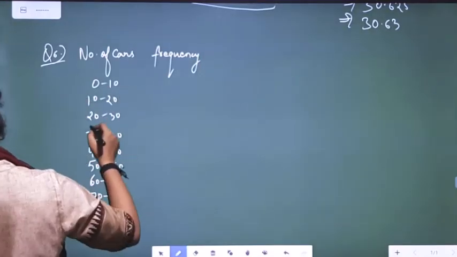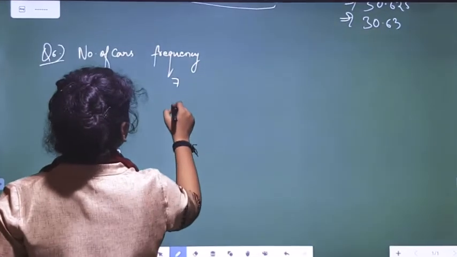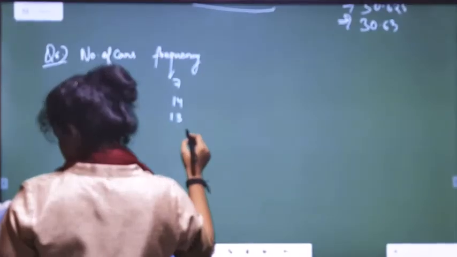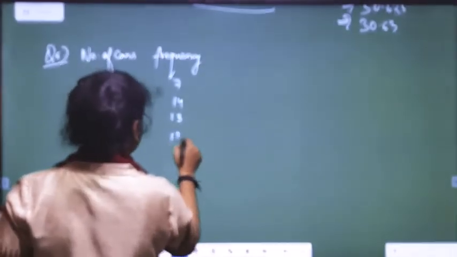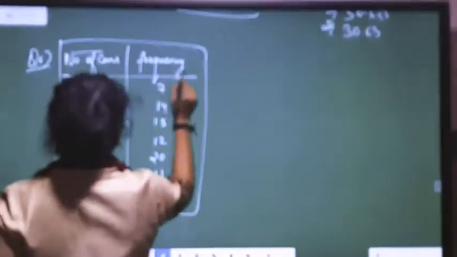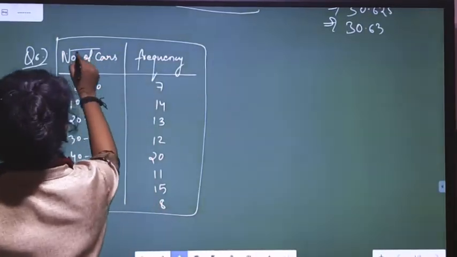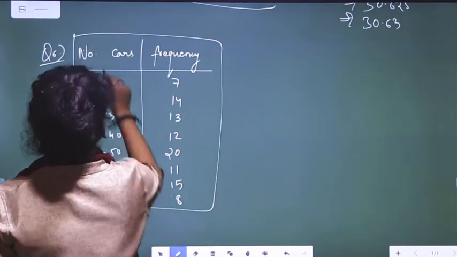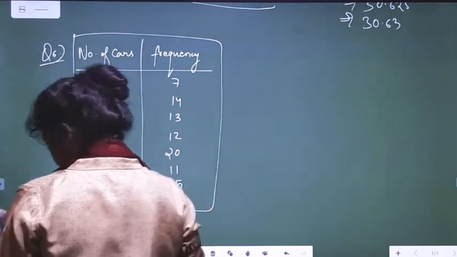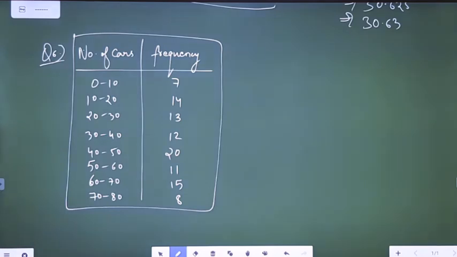The corresponding frequencies are 7, 14, 13, 12, 20, 11, 15 and 8. So this is our table. We have to find the mode of this data.